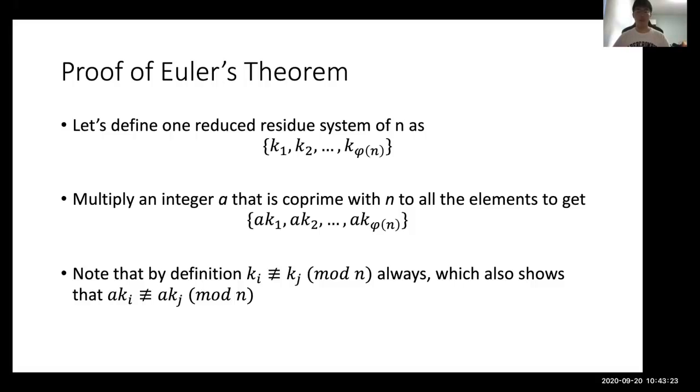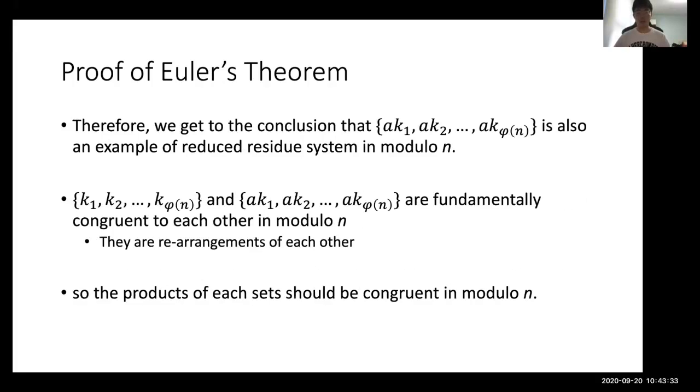And then if we multiply a to both sides, we can see that aki and akj cannot be congruent in modulus n in any case, which shows that ak1, ak2 to ak pi n is also an example of a reduced residue system in modulo n.